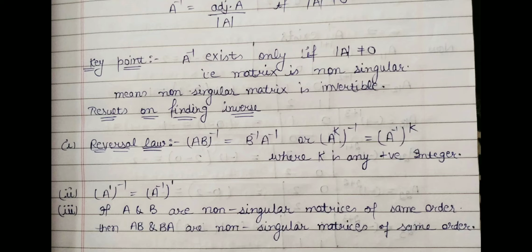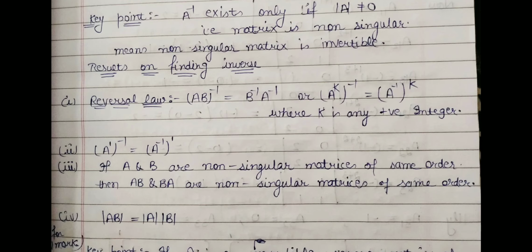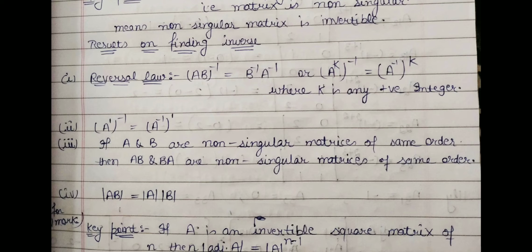Next, if we take the transpose of the matrix and then take the inverse, or if we take the inverse of the matrix then take the transpose, both are equal. Third, if A and B are non-singular matrices of the same order, then AB and BA are both non-singular matrices of the same order.